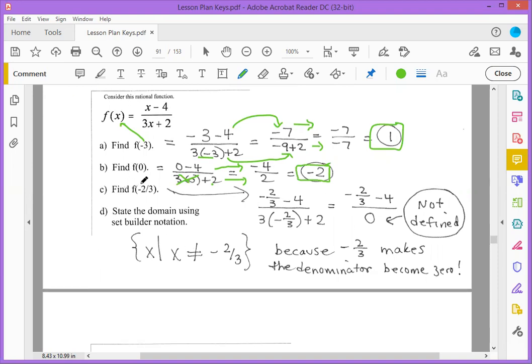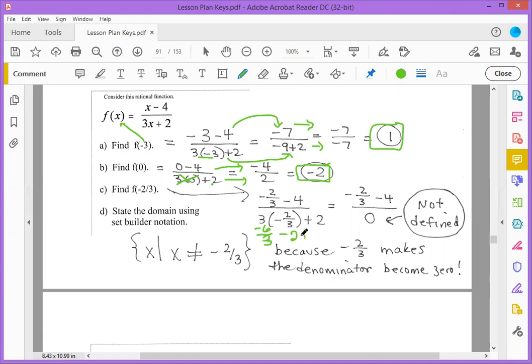And now f of negative 2/3, we're substituting negative 2/3 for x. In our numerator, we have negative 2/3 minus 4. In the denominator, we have 3 times negative 2/3. That's negative 6/3, which simplifies to negative 2.